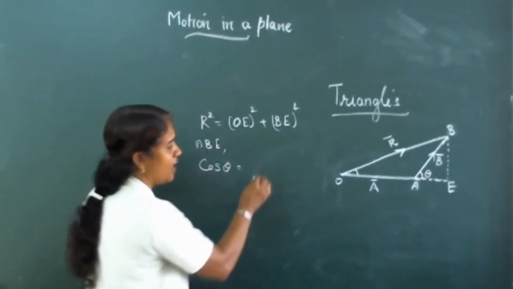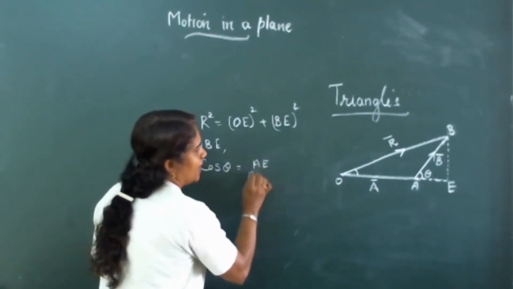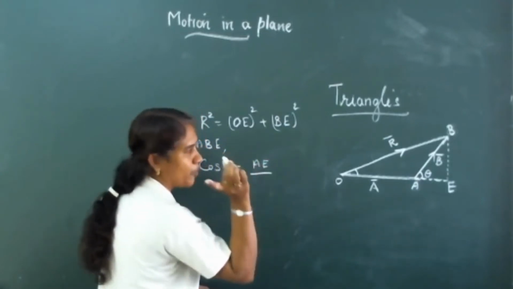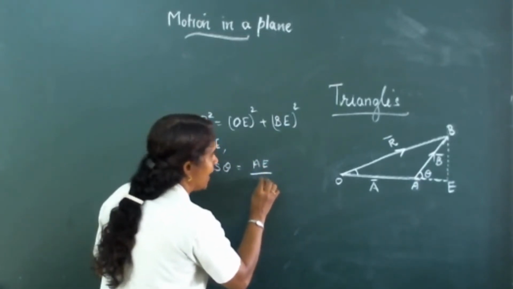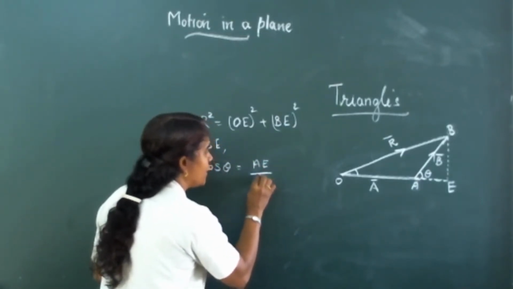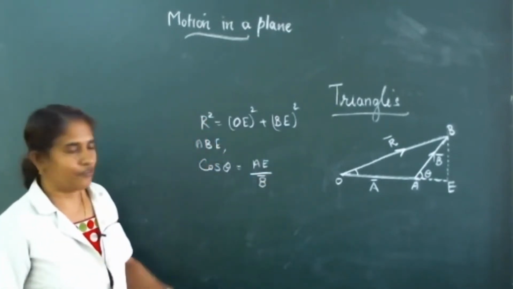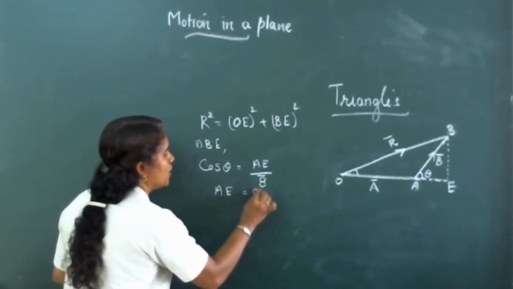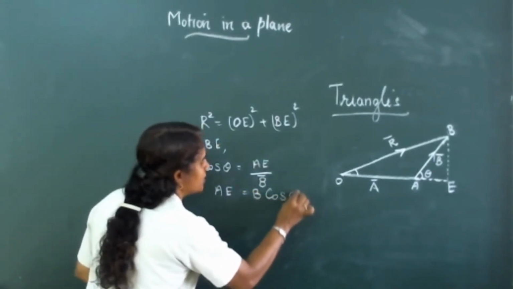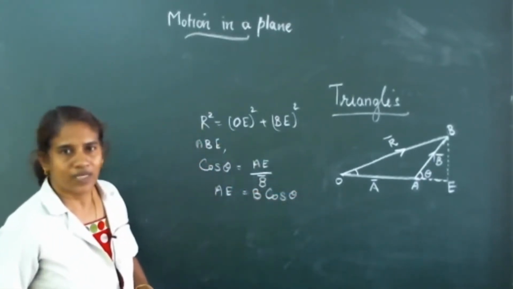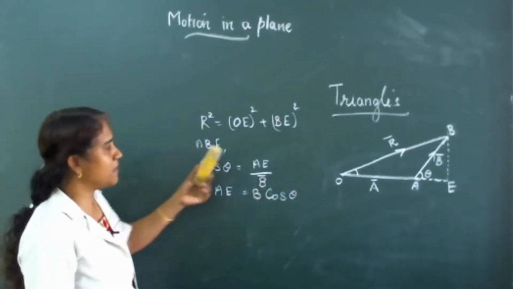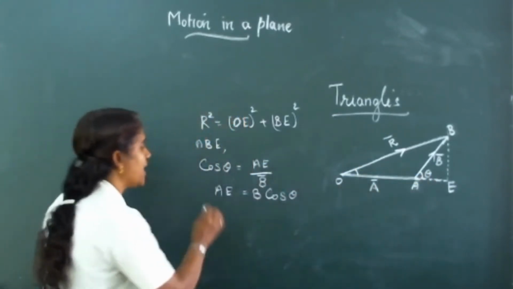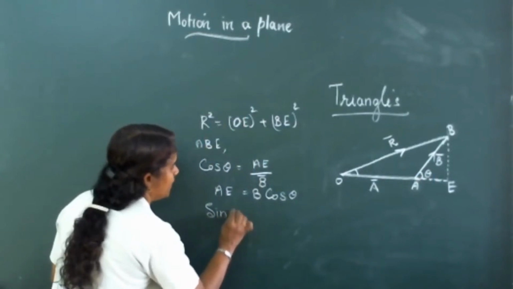What is cos theta? Adjacent side divided by hypotenuse, that is AB. AB is the vector B here. Therefore, the unknown distance AE is equal to B cos theta. Similarly, from the same triangle, if we take sin theta, the opposite side has to be considered.